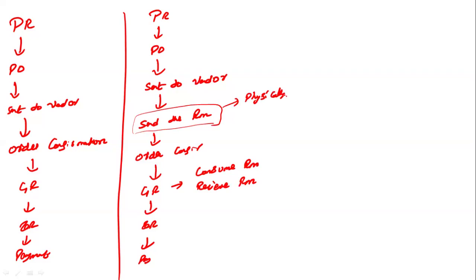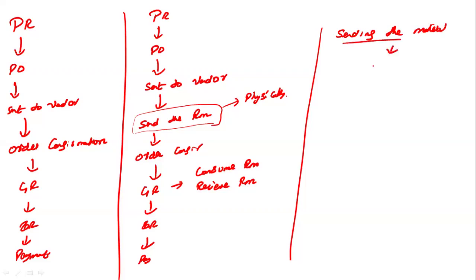Now we will understand two things. Yesterday we discussed STO. We said that who is sending the material is called a vendor, and who is receiving the material is a customer, right? Now in this flow, we are sending the PO to vendor.